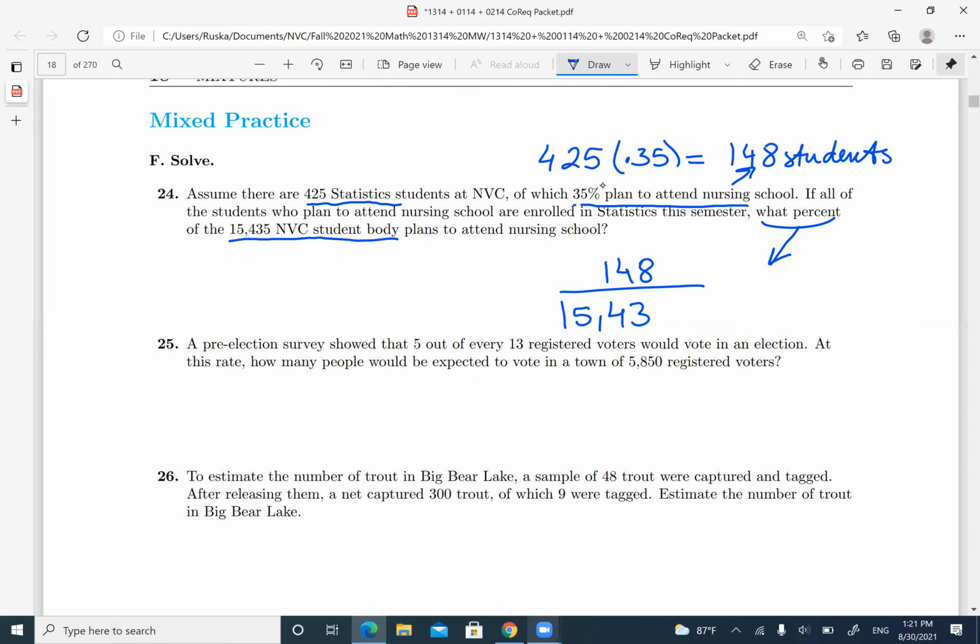And that's going to be the decimal form of the percent. 148 when I divide by 15,435 is going to be 0.0095886. That's what I have in my calculator. So how many percent?